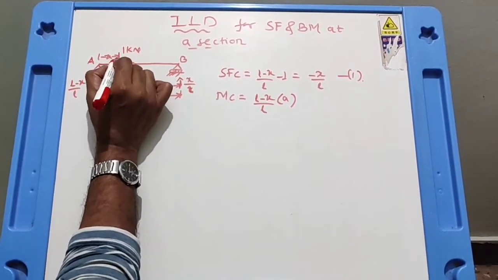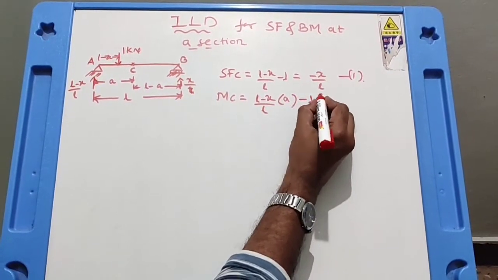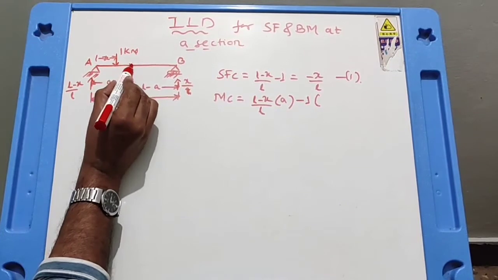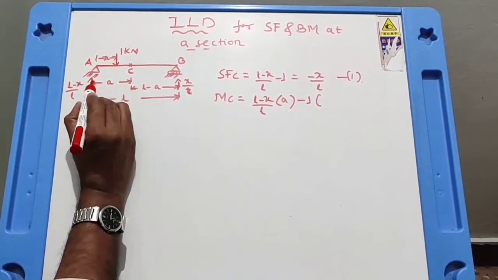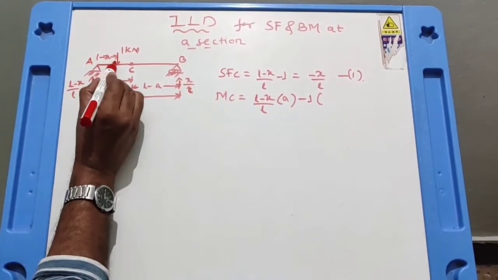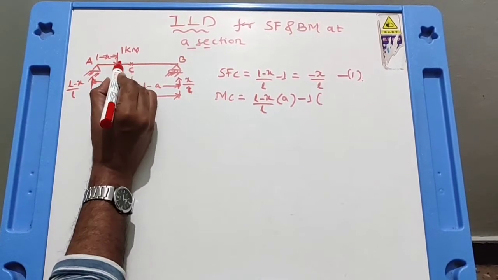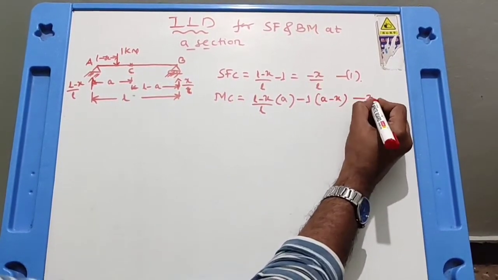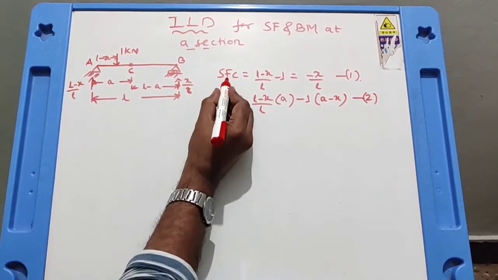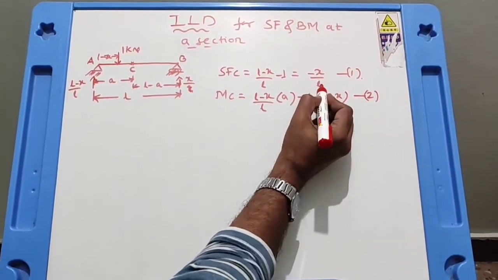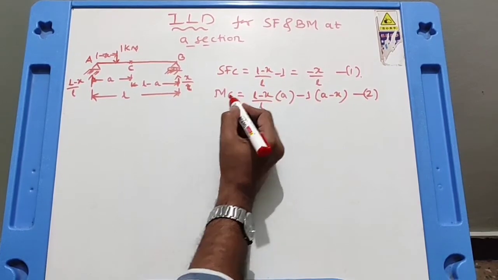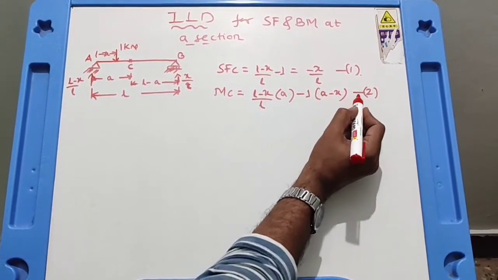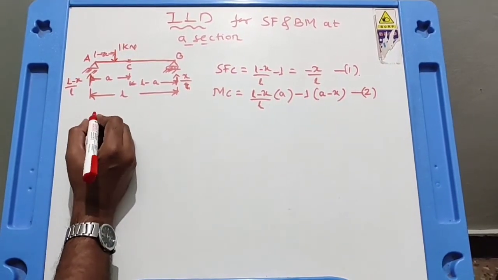Then the bending moment due to 1 is minus 1 into the distance between the 1 kilonewton and section C. From A to C the distance is a, so if the load is at x, the remaining distance is a minus x. Call this equation 2. So shear force at section C is given by minus x upon L. Bending moment at section C is given by (L minus x) upon L into a, minus 1 into (a minus x).